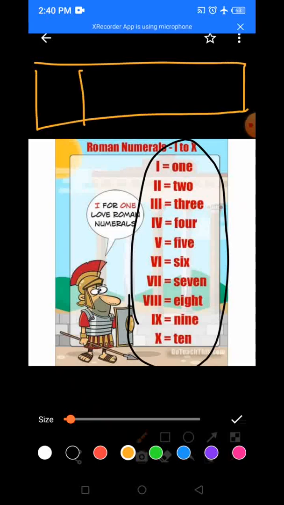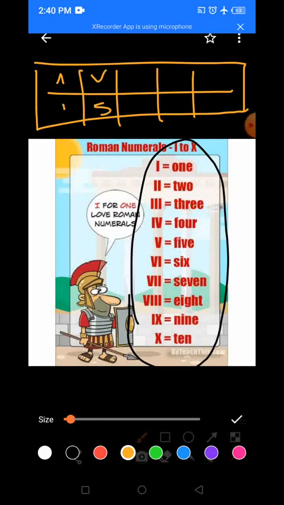Okay. I, 1. V, 5 the symbol. Then again the 10 symbol, X, you will write 10, L, and you will write 50. This way you will continue up to 1000. Okay, then there is C, that is 100. You will make a table like this.